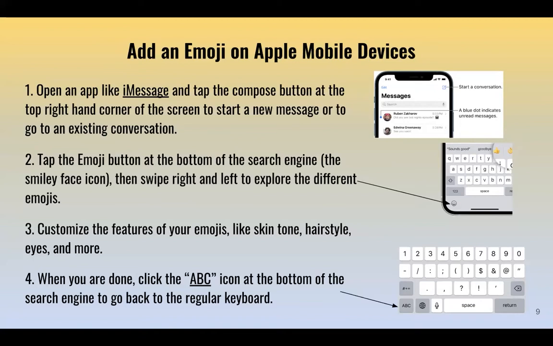Then you tap the emoji button at the bottom of the search engine, the smiley face icon, then swipe right and left to explore the different emojis. Customize the features of your emojis, like skin tone, hairstyle, eyes, and more. When you're done, click the ABC icon at the bottom of the search engine to go back to the regular keyboard.